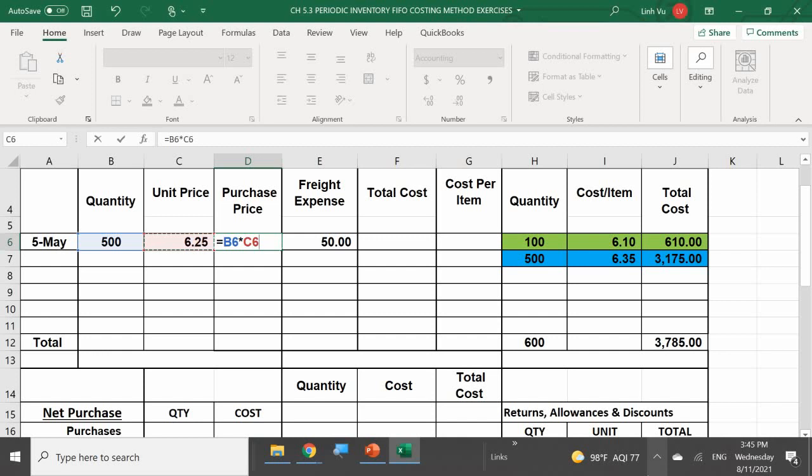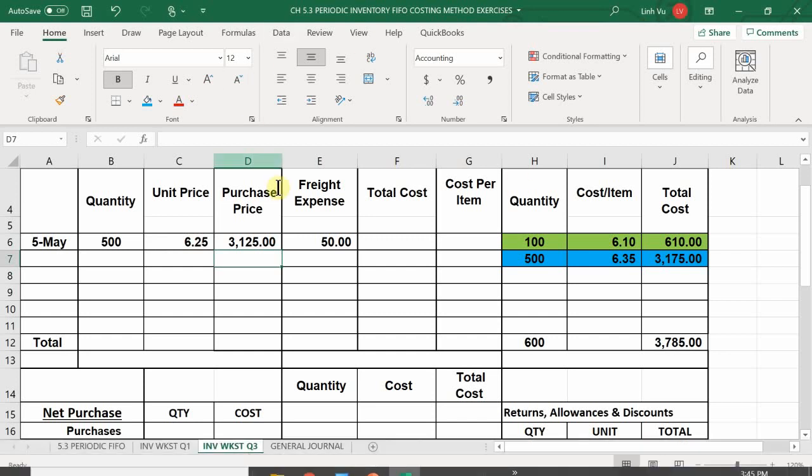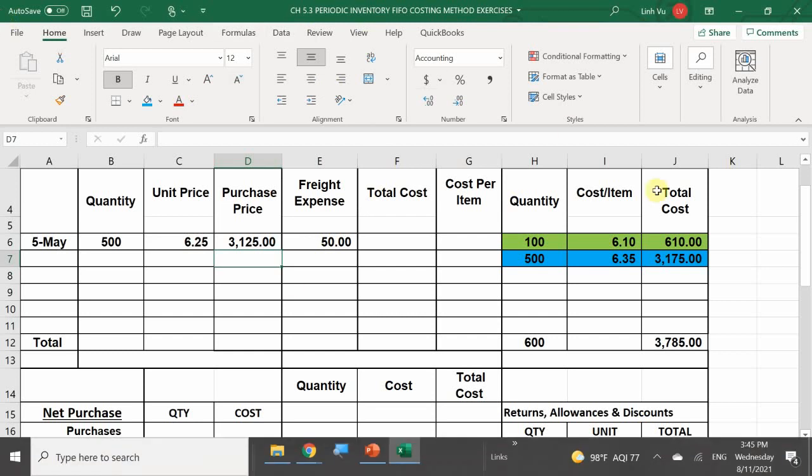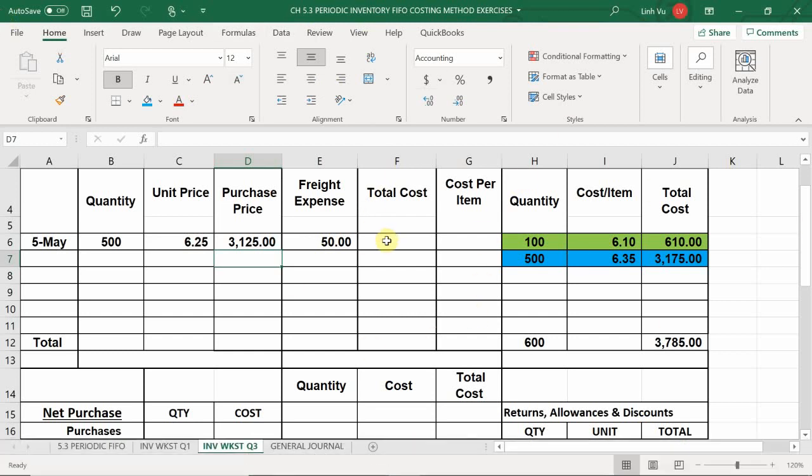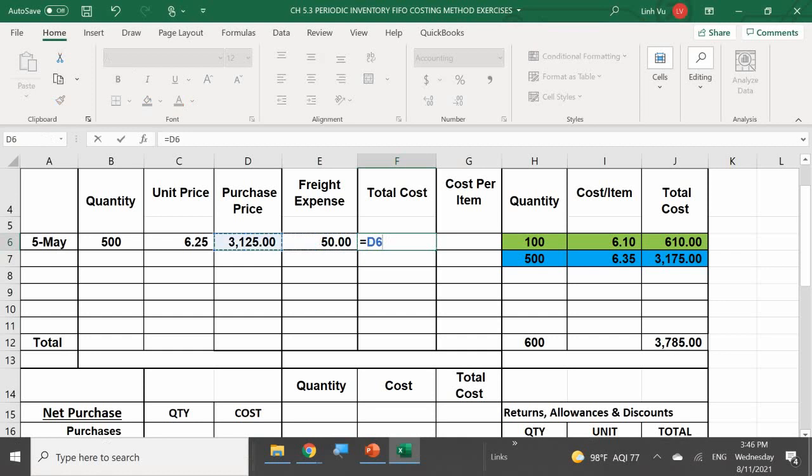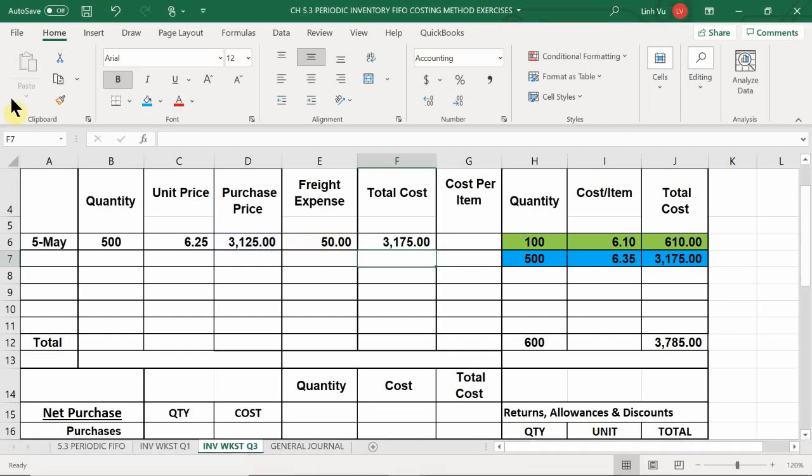Then the next one we have here, on May 10, we purchased 800 units at $6 each with the freight costing $80. So 800 times 6 is $4,800, with a freight of $80.